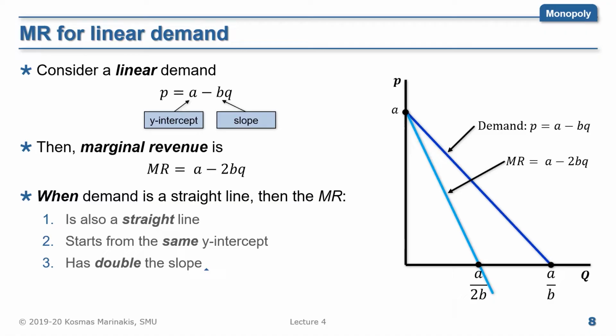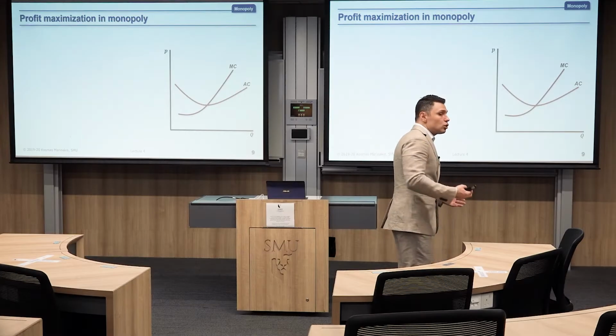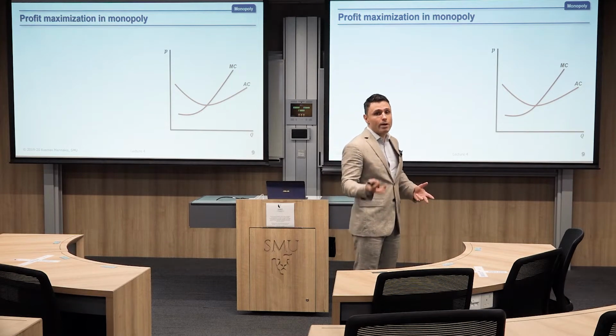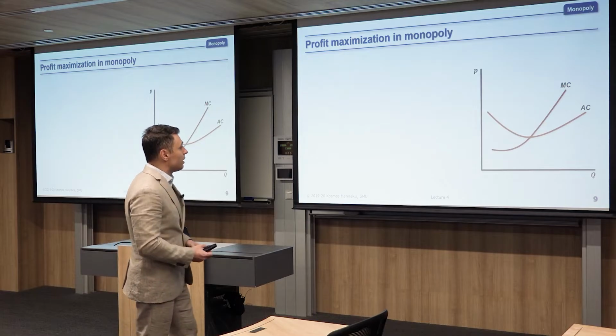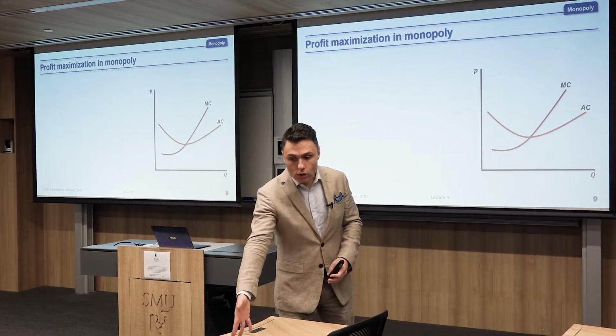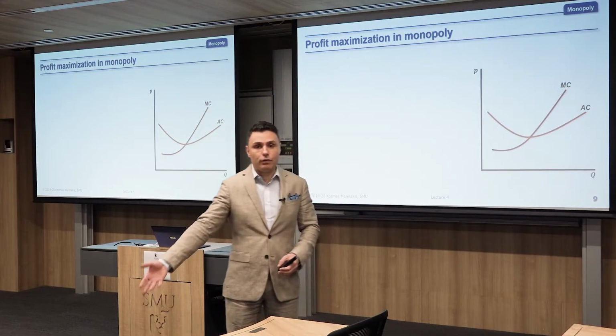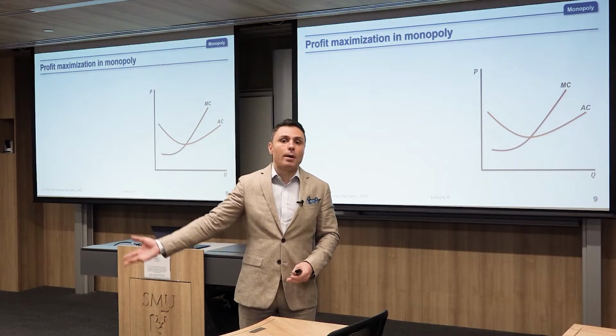Now, how do we maximize profit in monopoly? Assume that this is your average cost and the marginal cost. In other words, I'm giving you here the cost system. It's a usual cost system like the ones we see from lecture 2, nothing fancy right here. The monopolist is also a firm. It has costs. It doesn't matter for the costs if you are a perfectly competitive firm or a monopoly firm.